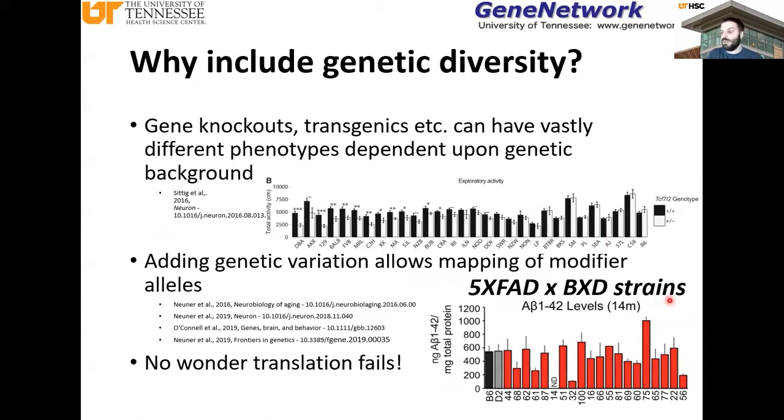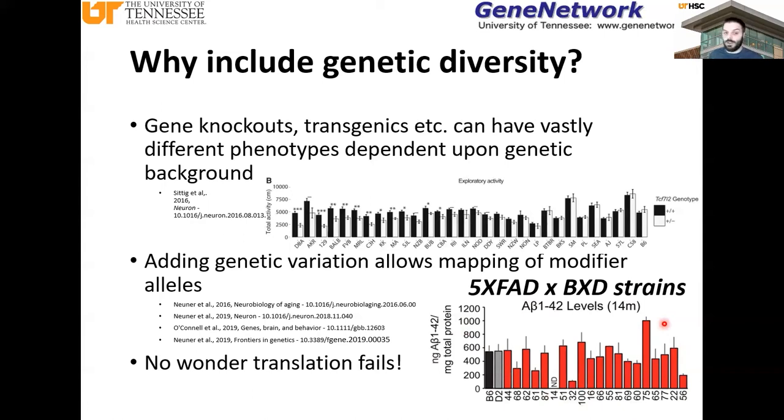So I'll talk more about the BXD, but effectively they are all descended from crosses between the B6J and DBA2J parents. And when you crossed 5XFAD to the B6 or D2, you got about the same amount of amyloid beta being produced. But when you crossed it to different members of the family, some produced almost no amyloid beta and some produced a large amount.